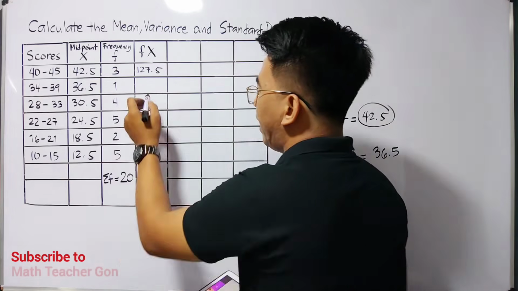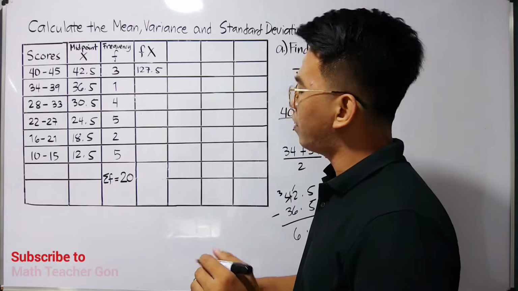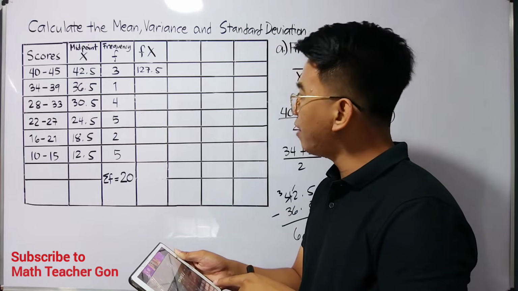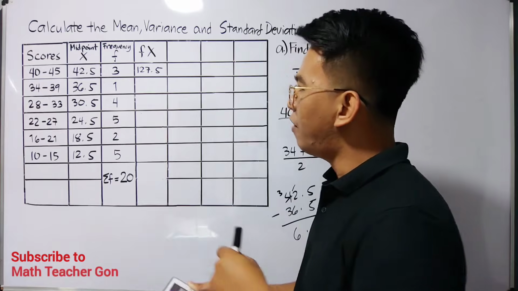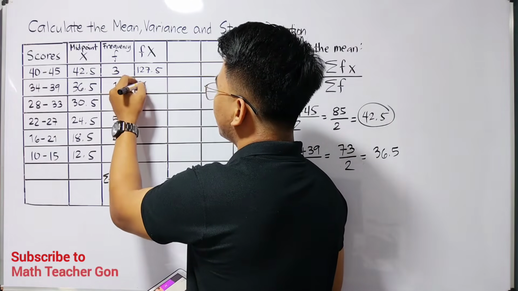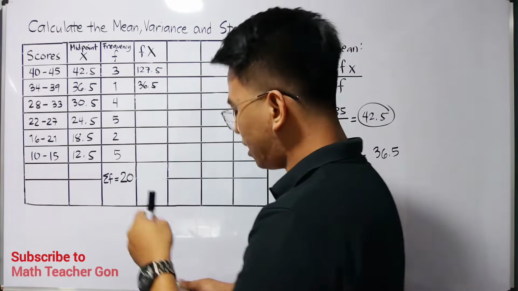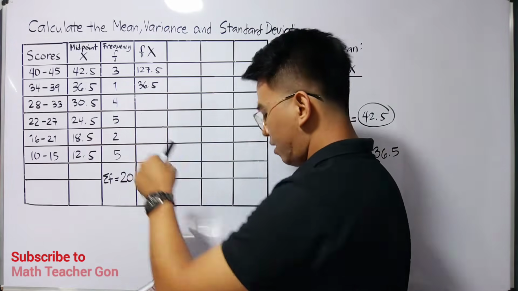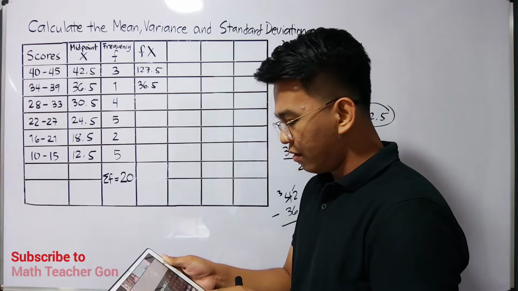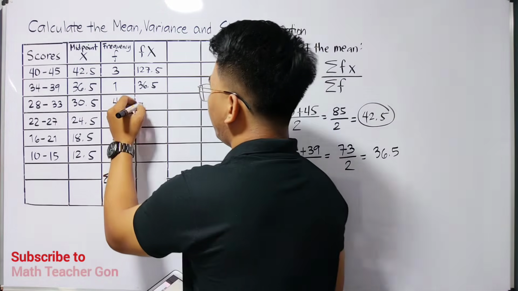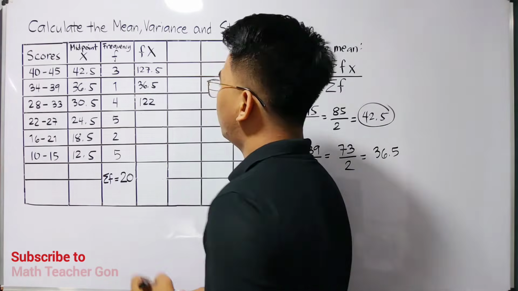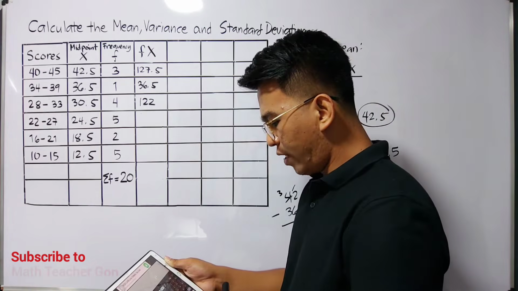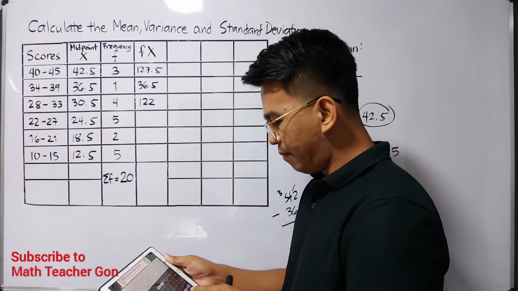Next, we have 36.5 times 1. Obviously, this is 36.5. Next, we have 30.5 times 4. That is 122.